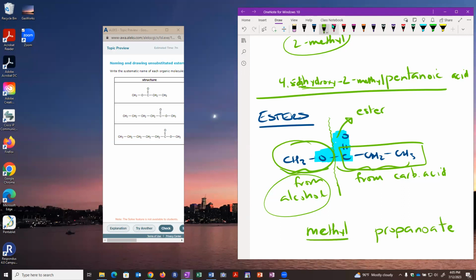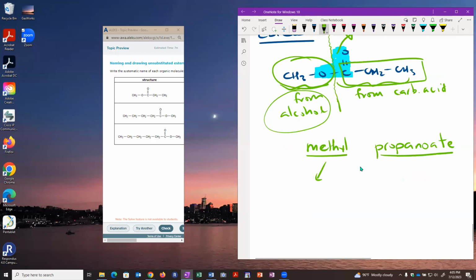So this will be methyl propanoate, right? And just to clarify where these two came from, methyl came from the alcohol methanol, and then propanoate came from the acid propanoic acid.